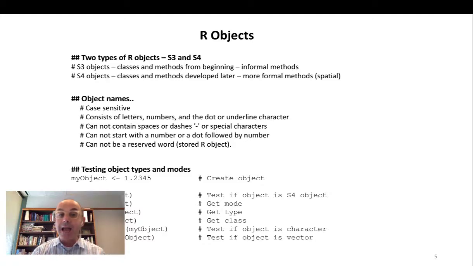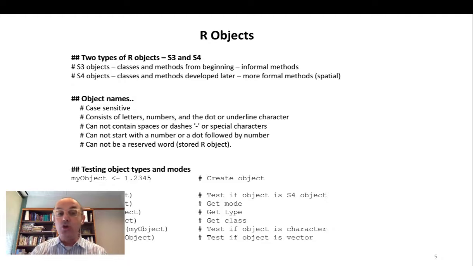So there are two types of object systems: S3 and S4. S3 is the classes and methods for beginners. It's called the informal methods. And S4 is the more advanced, but sometimes people get confused, and we will talk about that and try to make sense out of it.